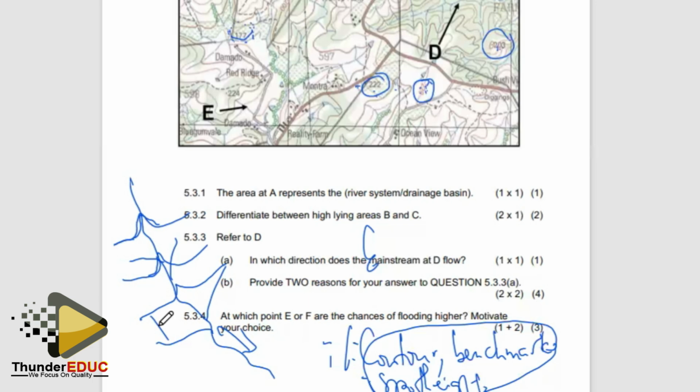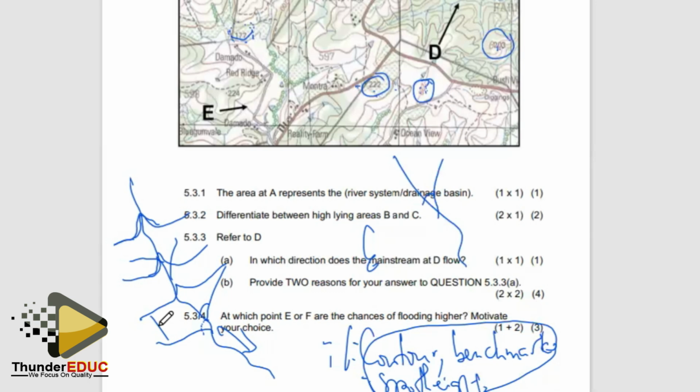Besides checking how the contour lines bend as they cross the river, you can also check the areas where tributaries join the main river. Usually, with a dendritic drainage pattern, the tributaries join the main river at acute angles, angles less than 90 degrees like this.